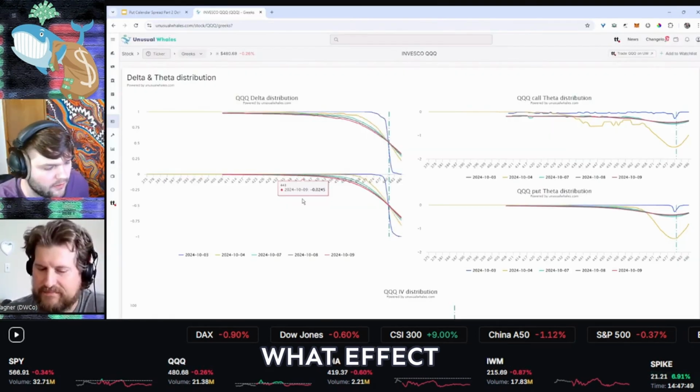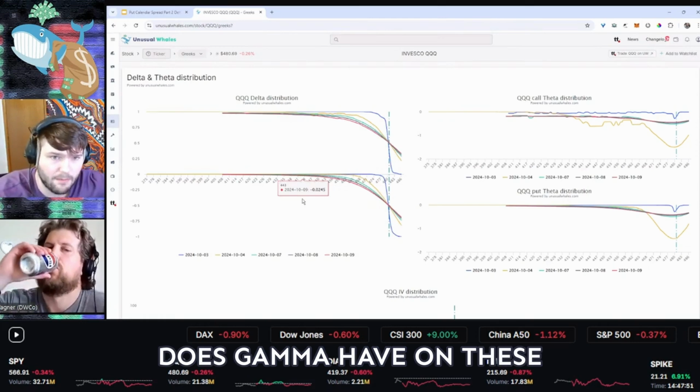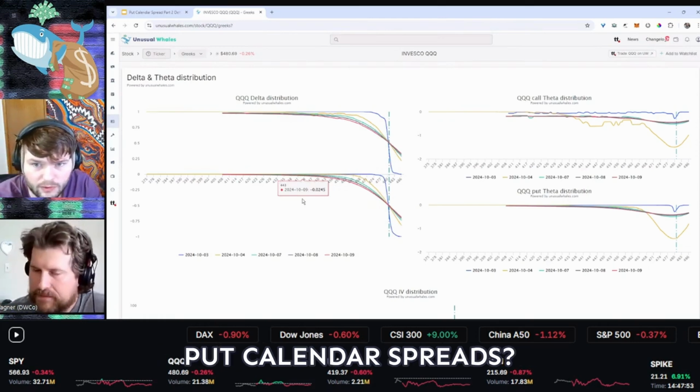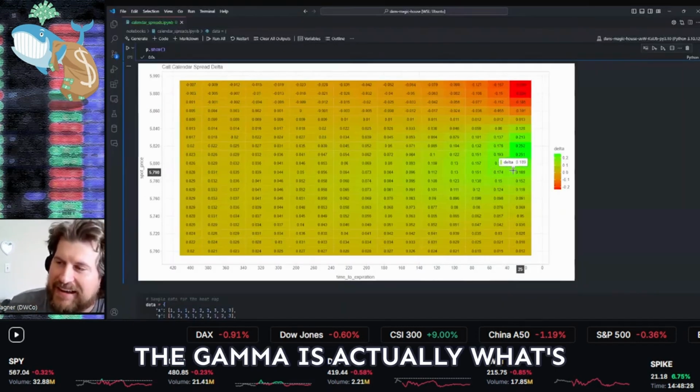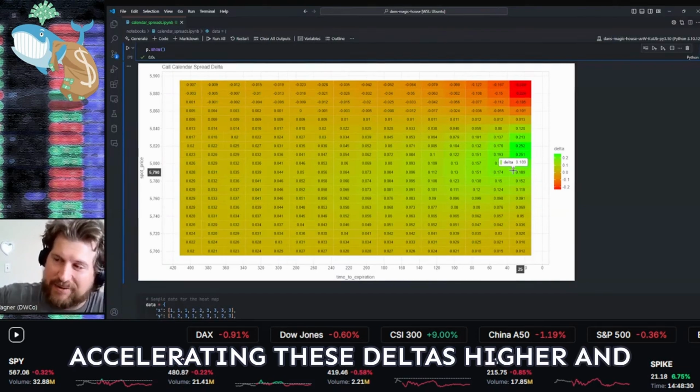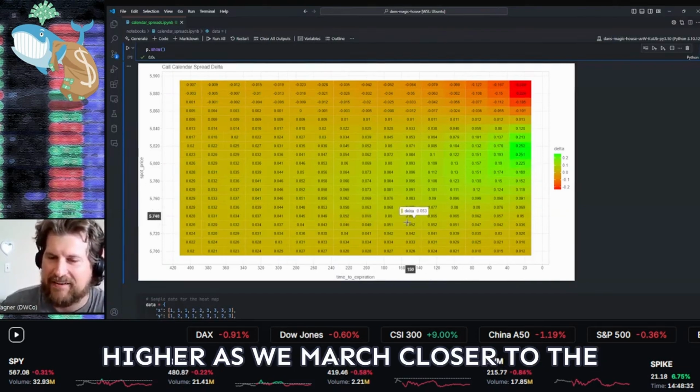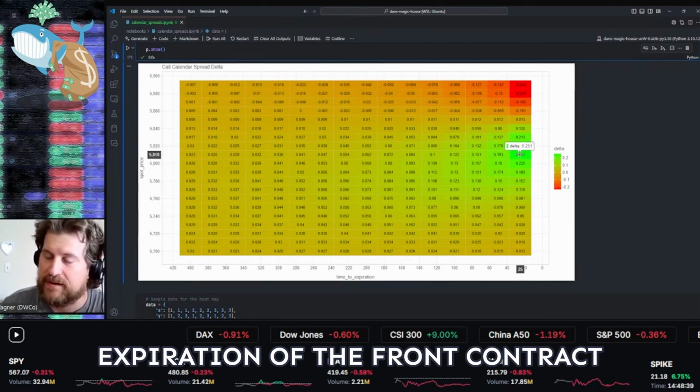What effect, if any at all, does gamma have on these put calendar spreads? So the gamma is actually what's accelerating these deltas higher and higher as we march closer to the expiration of the front contract.